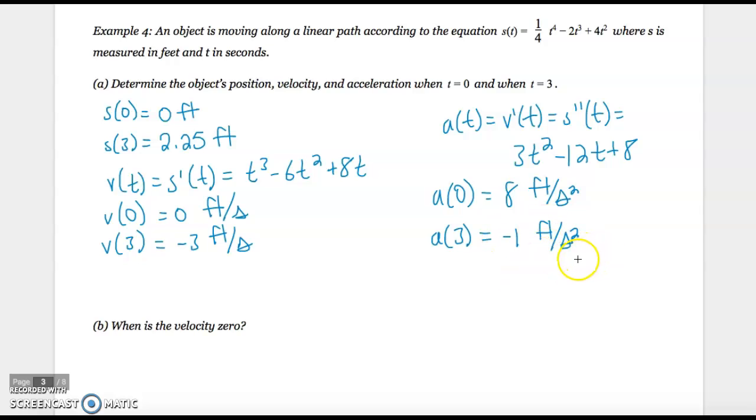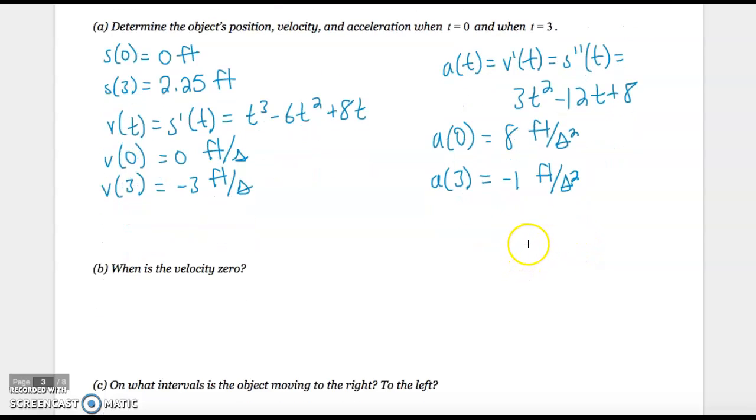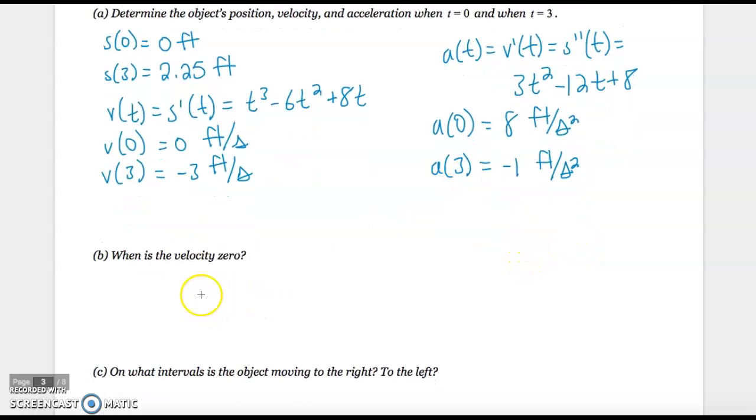Excellent. All right, in our next piece of this example, we want to find when is the velocity 0. So we have to figure out when my velocity function equals 0. So we set it equal to 0 and then solve. I take my velocity function that I found in my previous part, and I set it equal to 0. It looks like I can pull out a GCF of t.